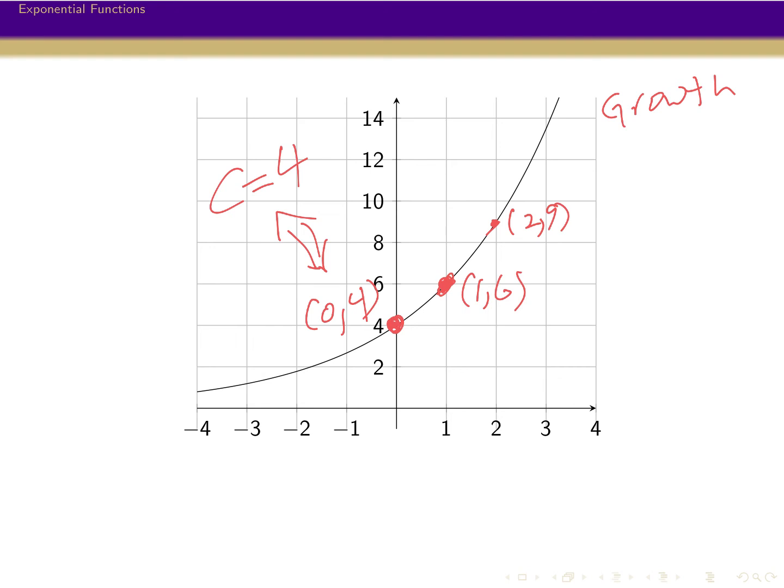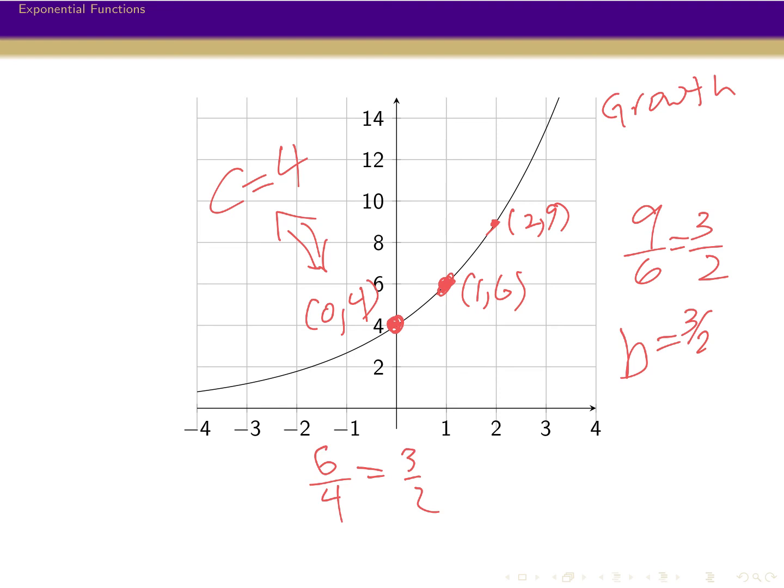Right? So let's look at the ratio between these successive terms. Between these two terms, that would be 6 over 4, which is 3 halves. Between 9 and 6, 9 divided by 6 is also equal to 3 halves. So we have our common base. B here is 3 halves.